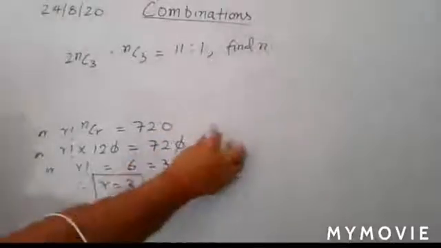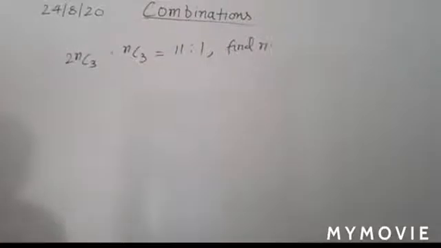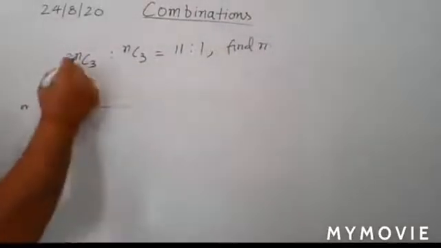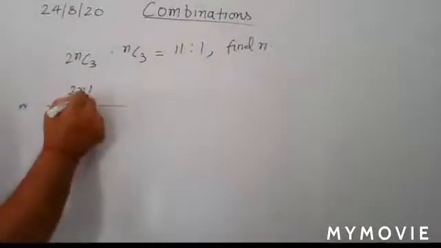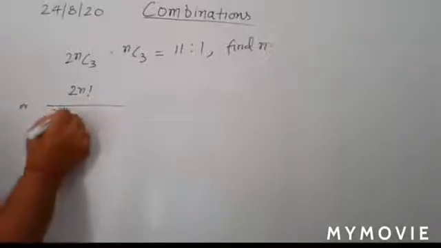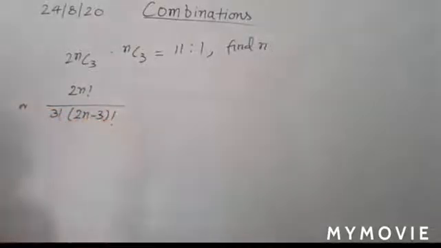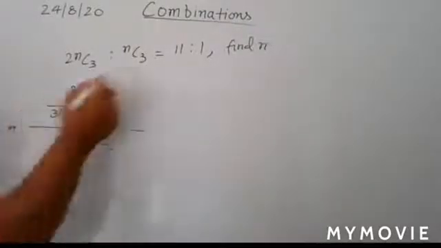So just take the division of that. What do you write? 2nC3 can be written as 2n factorial upon 3 factorial into (2n minus 3) factorial, whole divided by nC3.